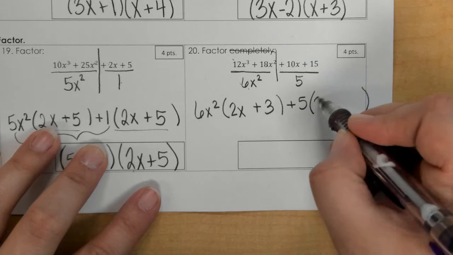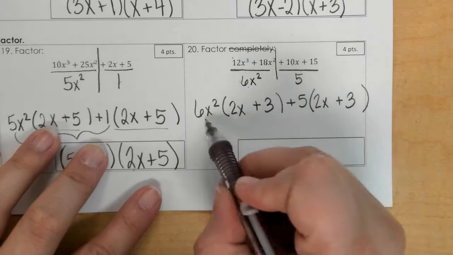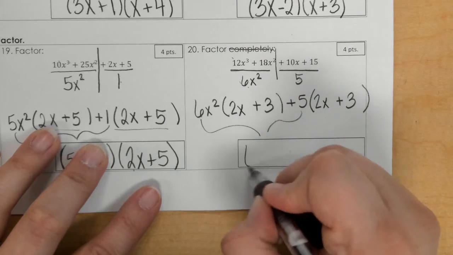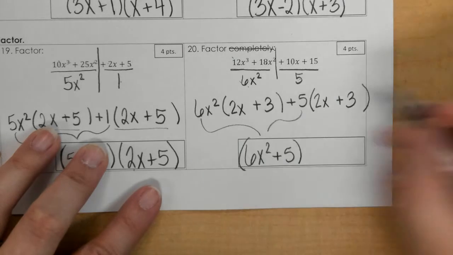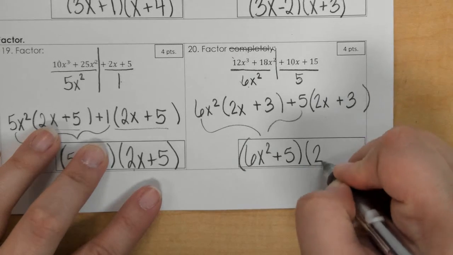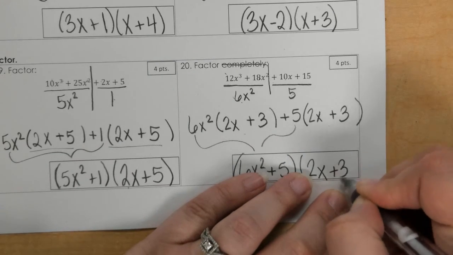Here, 10 divided by 5 would give me 2x. 15 divided by 5 would give me 3. So, GCFs come together to make 6x squared plus 5. And then 2x plus 3 is the same thing in each one, so I just bring it down one time.